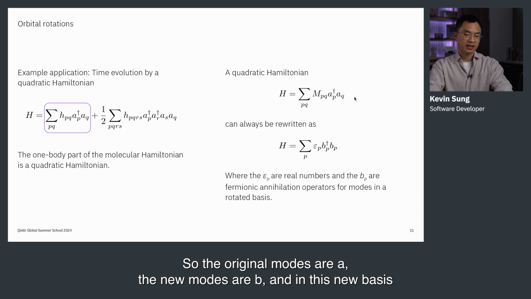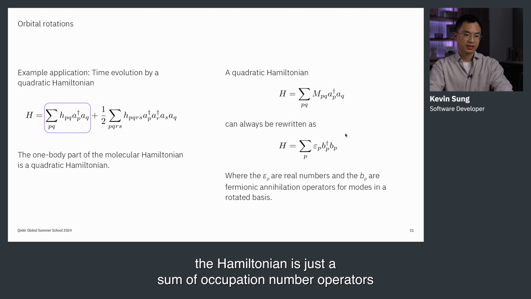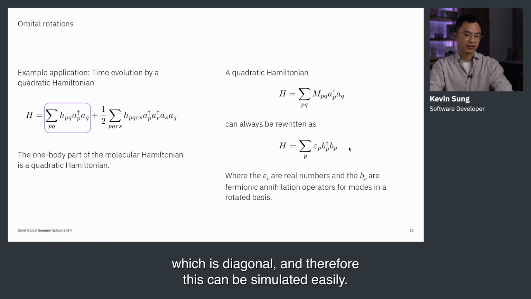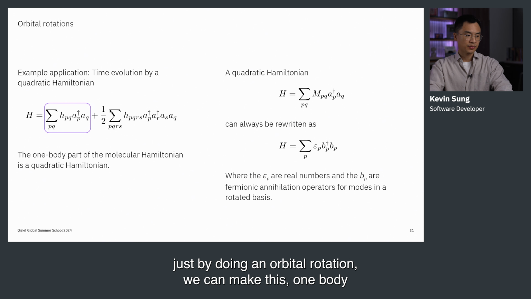So the original modes are a, the new modes are b, and in this new basis of b modes, the Hamiltonian is just a sum of occupation number operators, which is diagonal, and therefore this can be simulated easily. So the conclusion is that just by doing an orbital rotation, we can make the one-body part of the Hamiltonian diagonal, so we can simulate it easily.